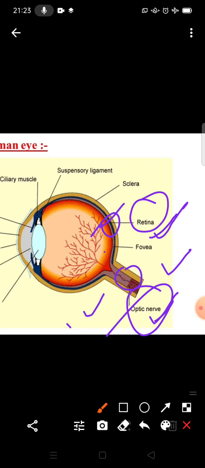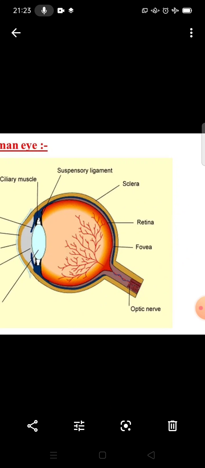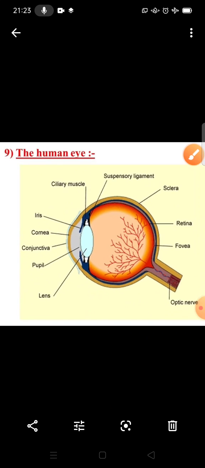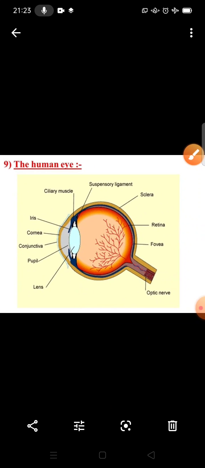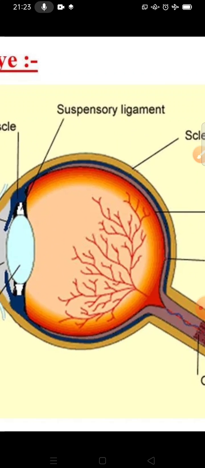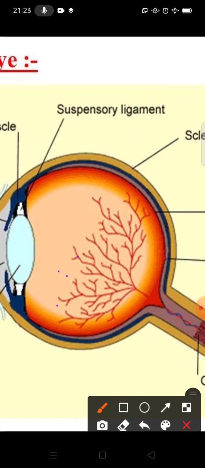There are no rods or cones, and this point is known as the blind spot. And you can see there is also a jelly-like fluid that fills the eye. That is called vitreous humor.